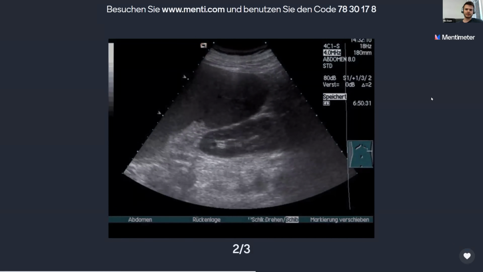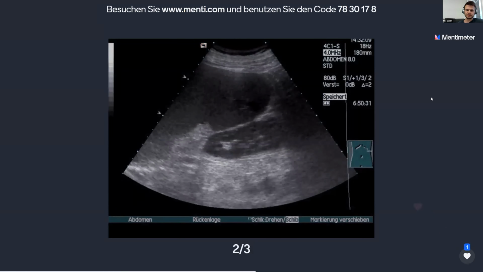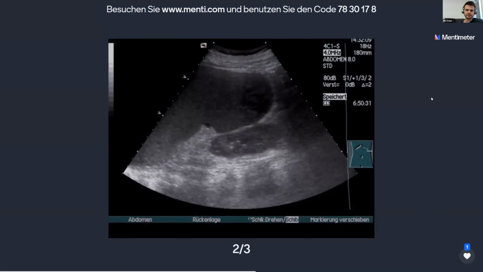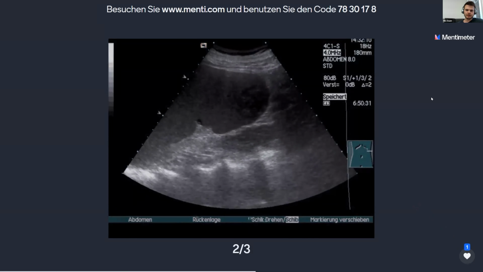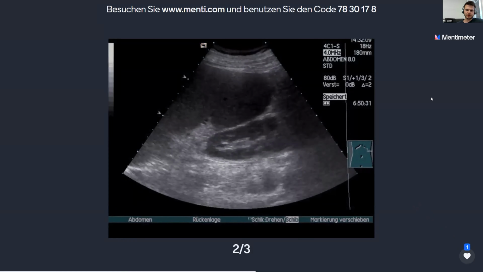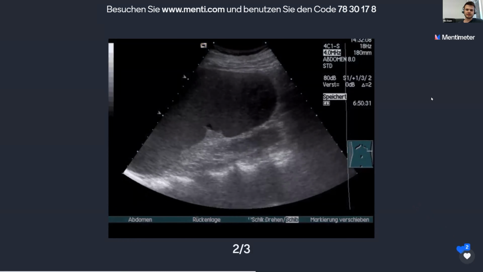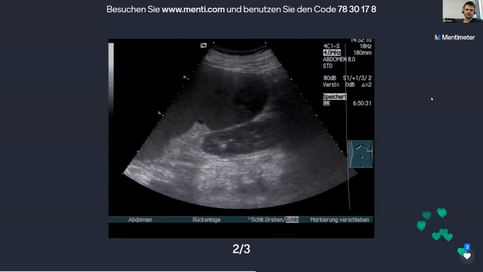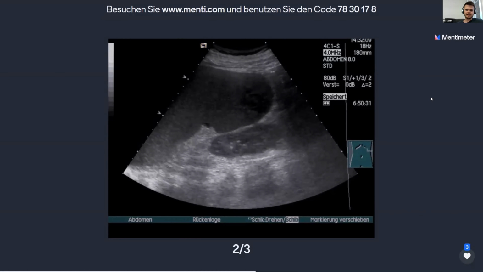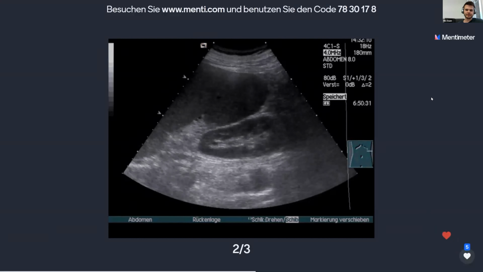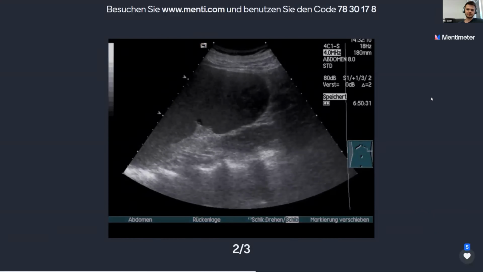And this is the first of 2 pictures you can see. This is the first one. Maybe you can see it's also splenomegaly. It's a little bit bigger, but we also have a second loop. So we will continue.